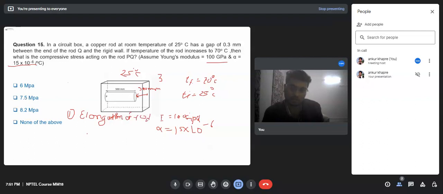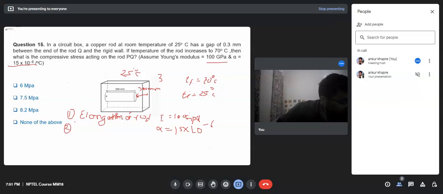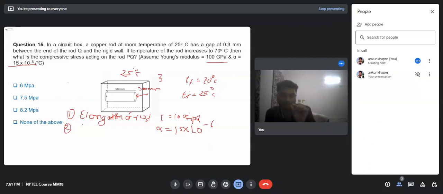Then second thing, we have to see if elongation is happening, then it is less than the gap. When elongation is happening, the gap between the rod Q and the wall will be less.